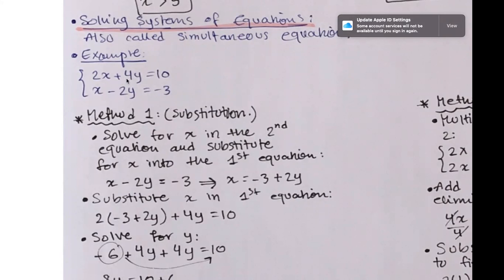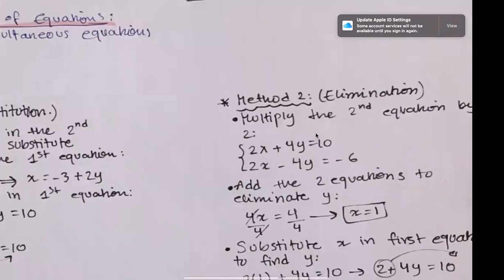In this case, because we have plus 4y and we have a negative 2y, if we multiply this equation by 2, we're going to get negative 4y. When you add the two equations, the 4y and the negative 4y are going to be eliminated, and you're going to be left with the x only. This makes the process much easier, and this is exactly what we did here.